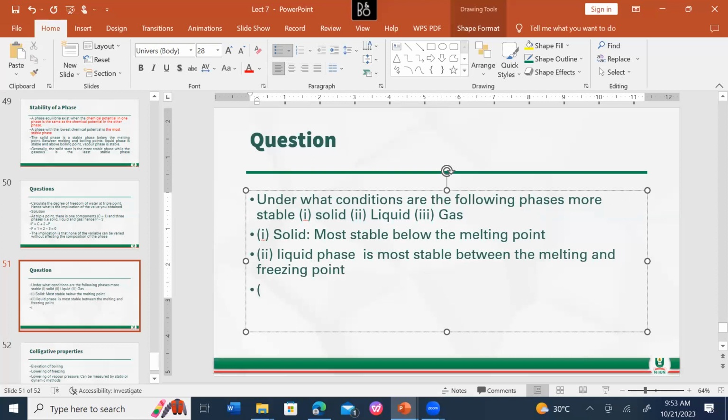Then the gas phase is most stable above the boiling point. So that is what you see.